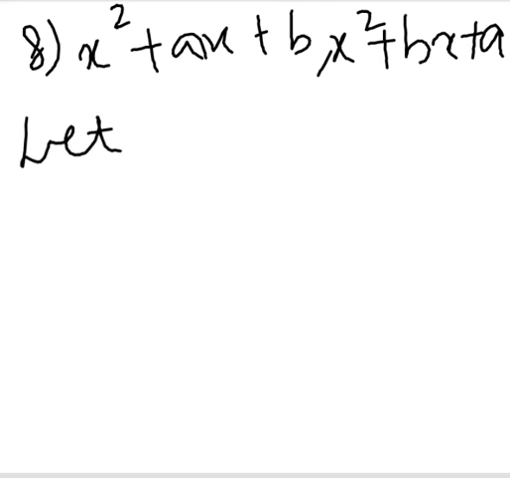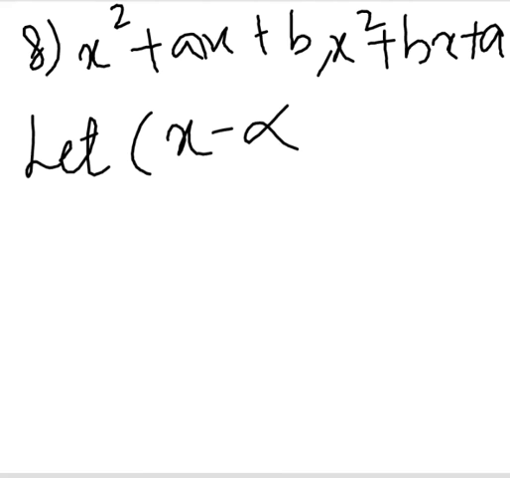So we have to assume now. Normally in a linear equation, sometimes we assume, right? Let that value x1 be x, like that we will be assuming. So in the same way, let x minus alpha be the common factor.